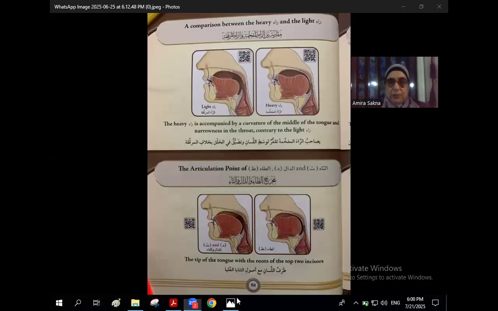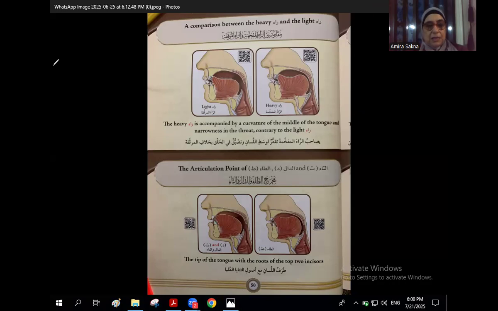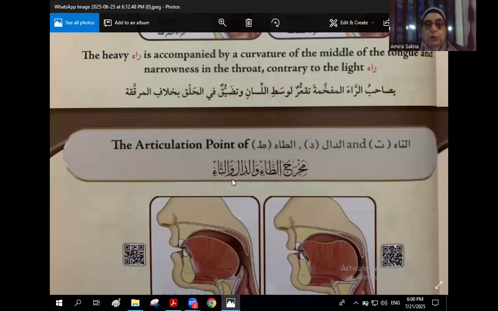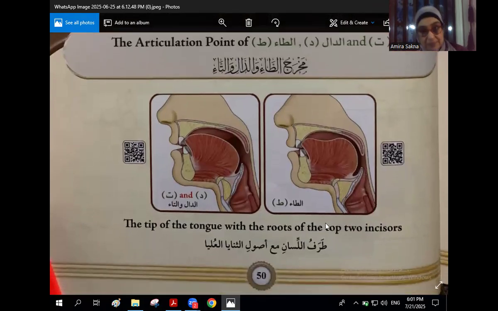Very well. Now you can see. Today, inshallah, we are going to revise the articulation point of Ta, Dal, and Ta.